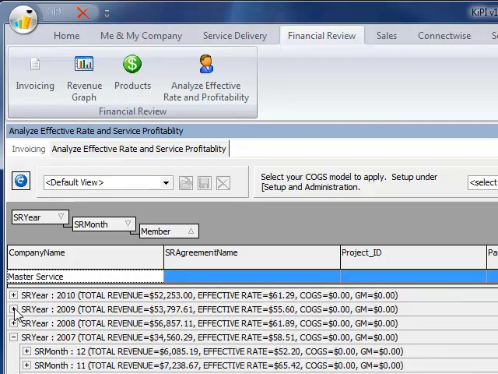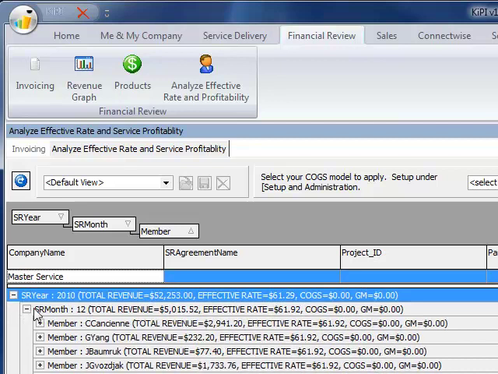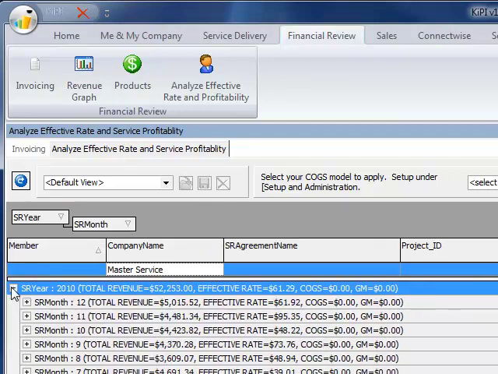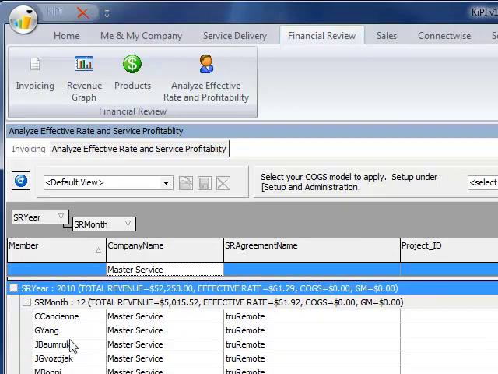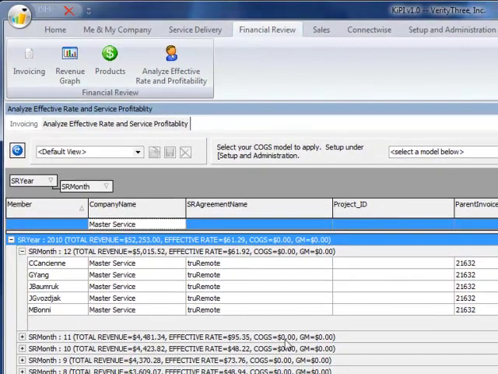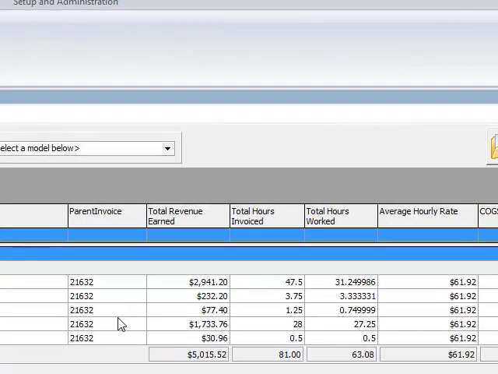So in Master Service, if we were to go back and look at 2010 for month 12, and if we were then to look at this for the given month, under here for month 12, we can see the users, we can see the total hours, and we can see the average hourly rate that we're using for this calculation is $61.92.